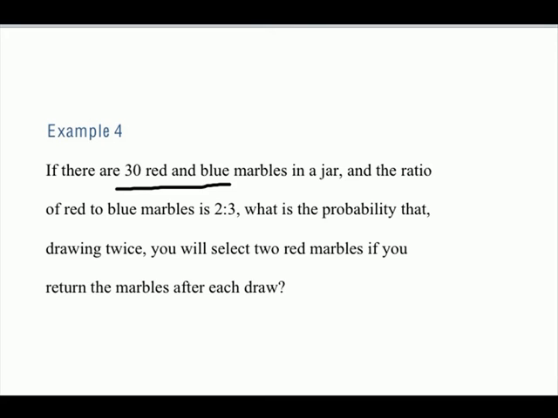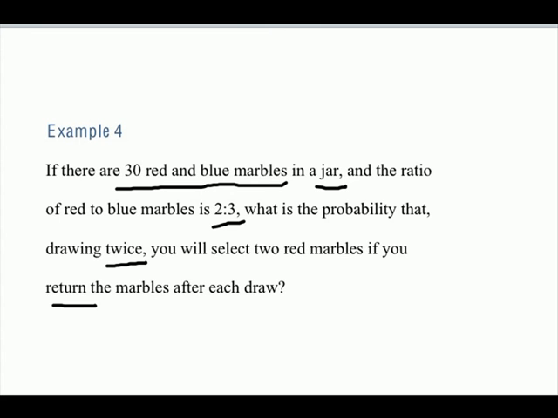So there's one jar which has two kinds of marbles, and the ratio of the red to the blue marbles is 2 by 3. What's the probability that drawing twice you will select two marbles if you return the marbles after each draw? Now I've underlined the keywords you need to keep in mind when you're approaching this question.